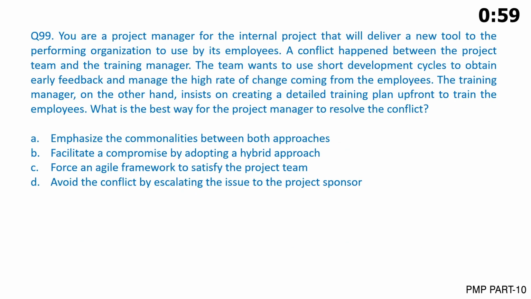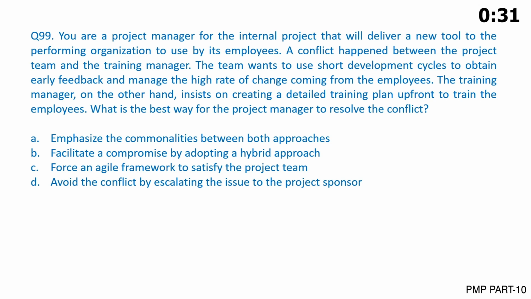You are a project manager for the internal project that will deliver a new tool to the performing organization to use by its employees. A conflict happened between the project team and the training manager. The team wants to use short development cycles to obtain early feedback and manage the high rate of change coming from the employees. The training manager, on the other hand, insists on creating a detailed training plan up front to train the employees.